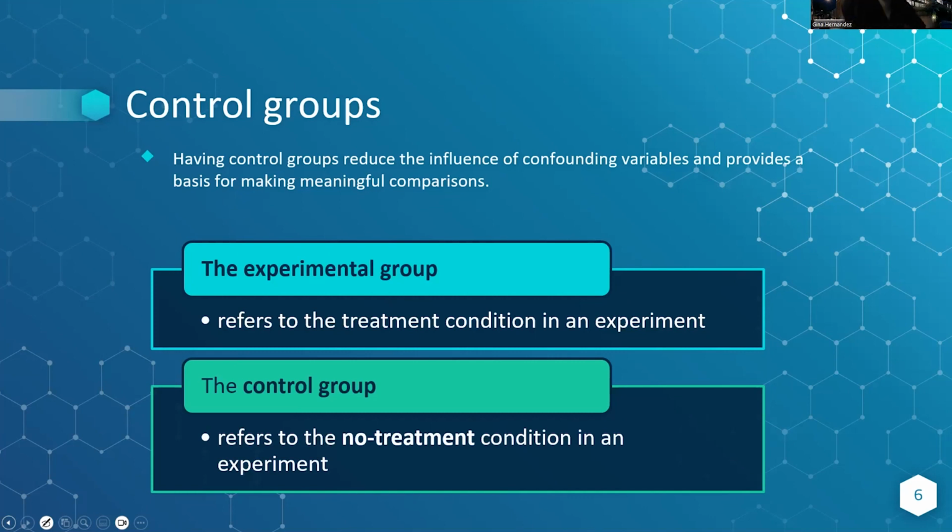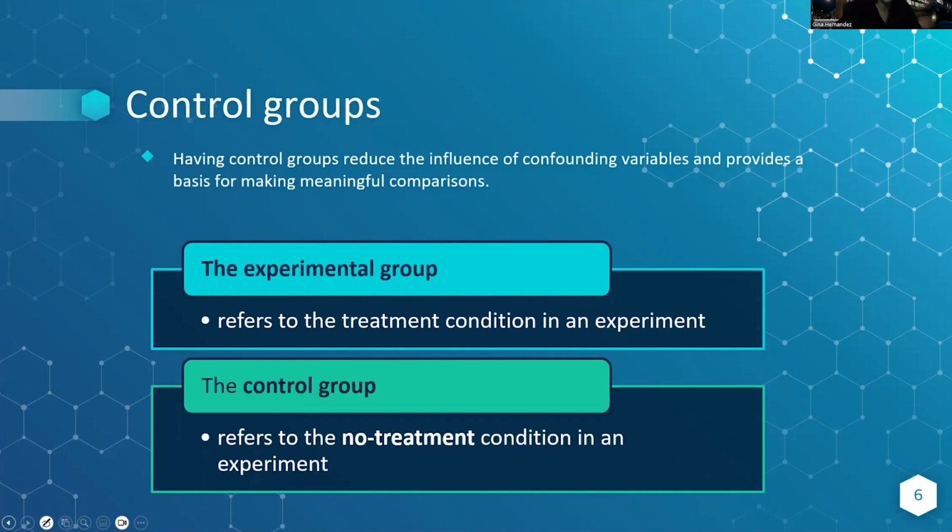If a different group that didn't receive the treatment has the same results, then you know something is wrong, right? Because you didn't manipulate anything and the other group is exactly the same. So you know something went wrong there. This is why having control groups is really important.